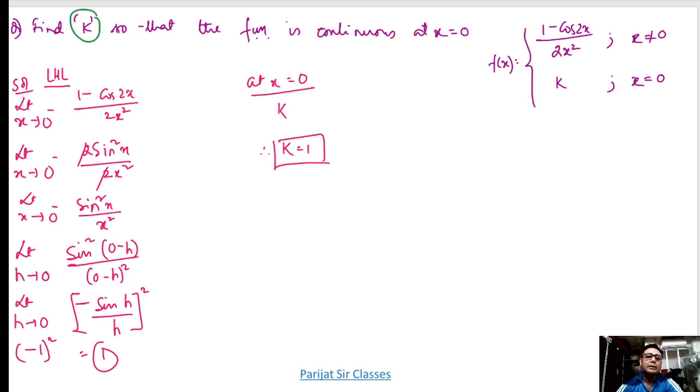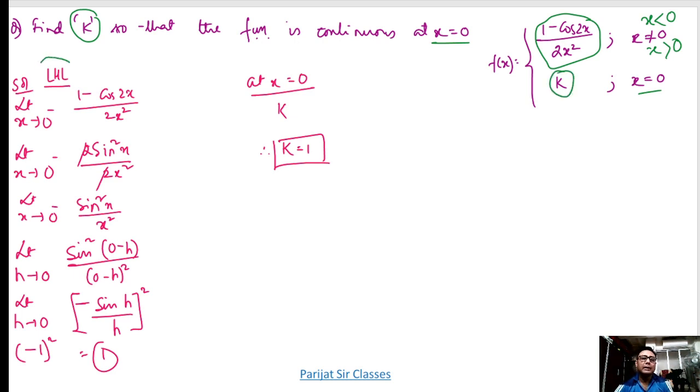Let's see the next sum. Find k so that the function is continuous at x equal to 0. So see, that means for x less than 0 I will choose this, for x greater than 0 I will choose this function, and at x equal to 0 I will choose this function.